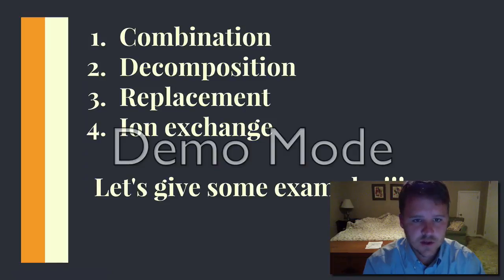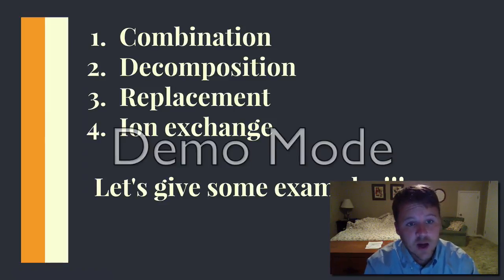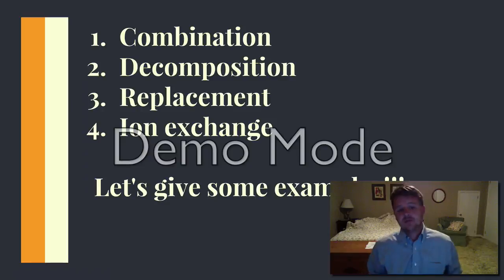Let me give you some examples, but first off, let's look at these. Combination. What do you think is going to happen? We're going to combine 2 things. Decomposition. You're going to break it down. So basically, this is the opposite of combination. Replacement. It's going to be just like if you replace someone in a football game.